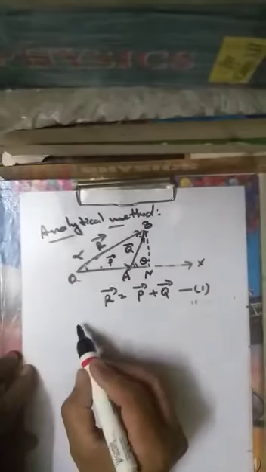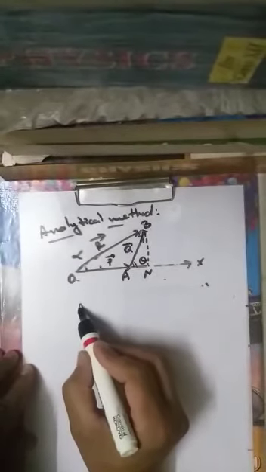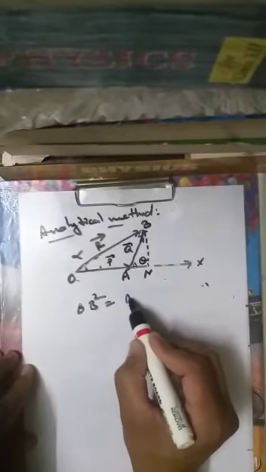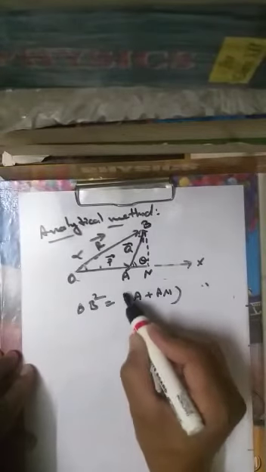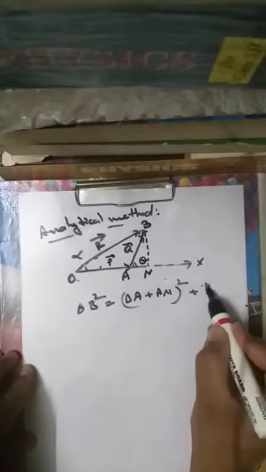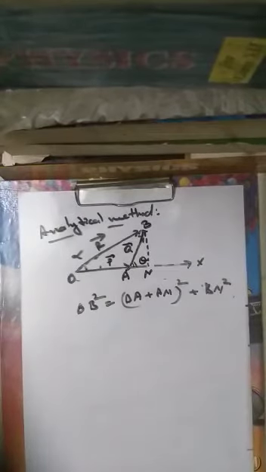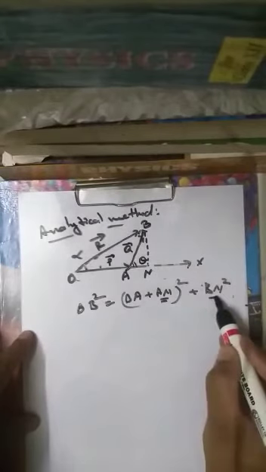The equation is OB square is equal to (OA plus AN) whole square plus BN square. We put the values from equation 3 in equation 1. We want to put the values of AN and BN.